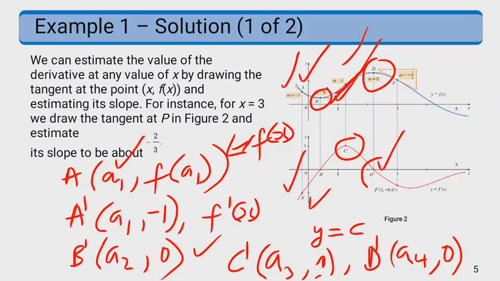That's why our graph for the derivative is just at 0 here, crossing the x-axis. Also remember at B prime we said the slope was 0, so our graph is 0 here. But at A we said it's negative, so we know it's below here. At C prime we said the slope is 1, so the value of the derivative function is positive.